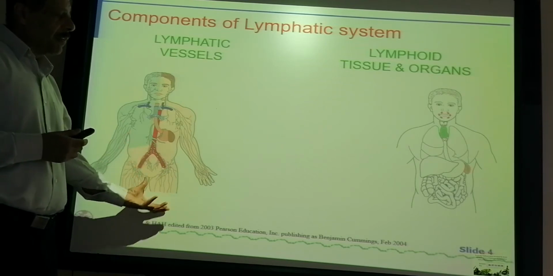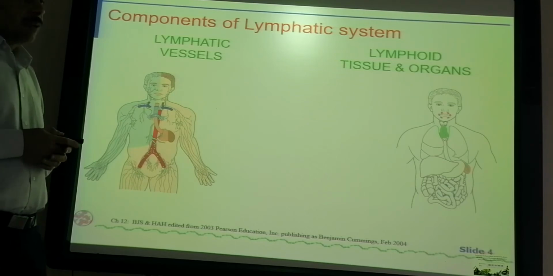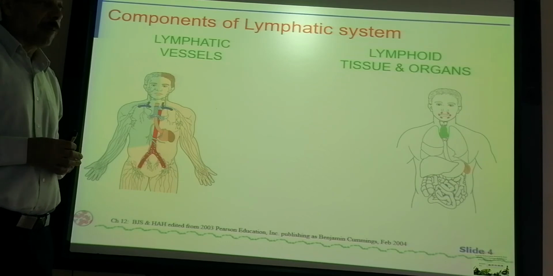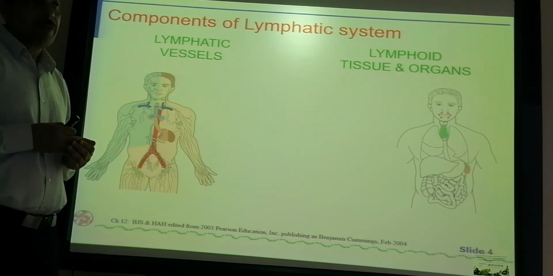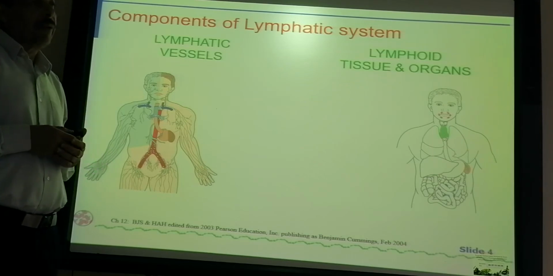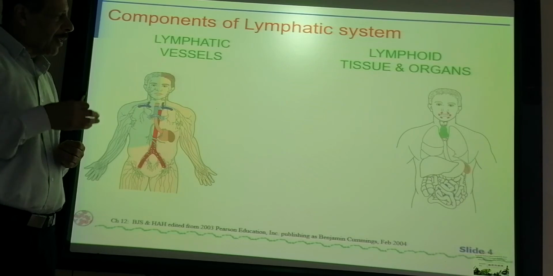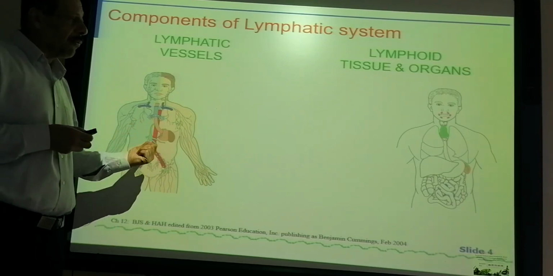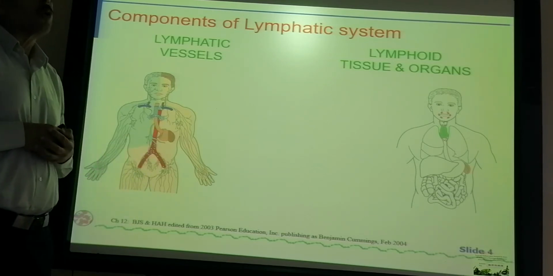The lymphatic vessels return the fluid which escaped from the circulation in the arterial part of the capillary bed. Some of it will be reabsorbed by the venous part, and some of it which remains in the tissue will be reabsorbed by the lymphatic vessels and returned back to the circulation.